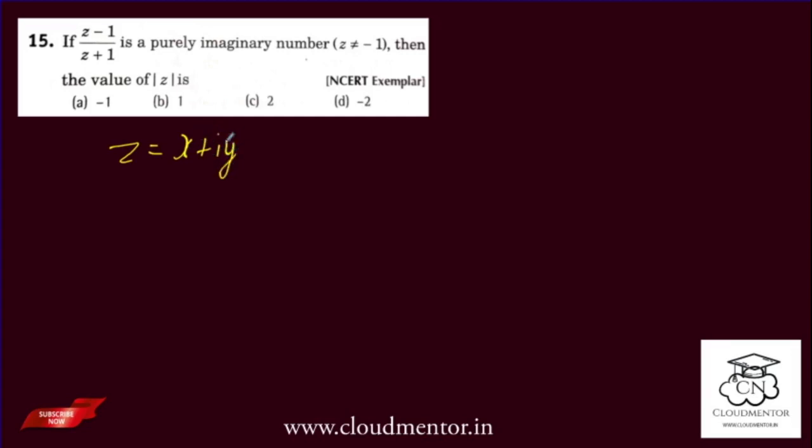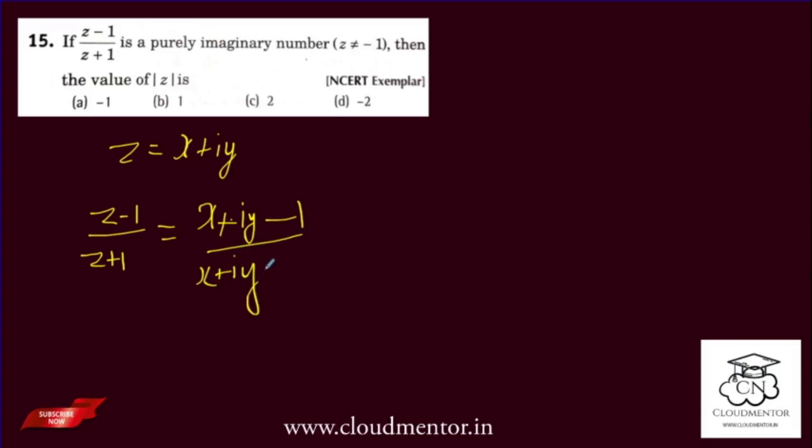Then I can write z minus 1 by z plus 1 as, in the place of z I am giving x plus iy, so x plus iy minus 1 by x plus iy plus 1.